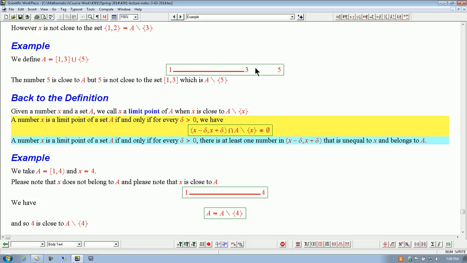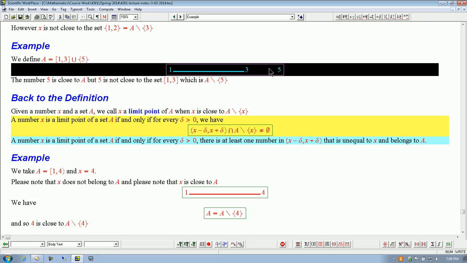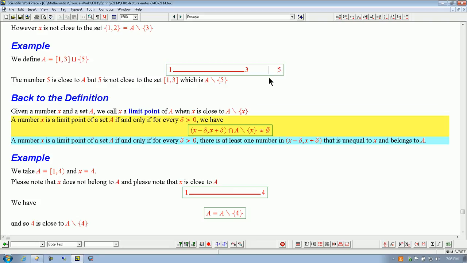Who else gets to belong here? 5. Right. So now I'm looking at the number 5. 5 is close to the set because it belongs. Is 5 a limit point of the set? Not a chance. Because if you take a teeny little delta and you take the stick around 5, it's much too short to reach the good stuff down here. You see?